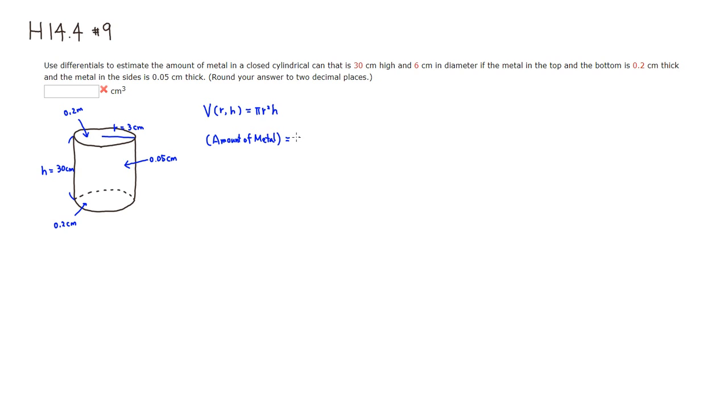So we are looking at the volume of the outside. On the outside, the radius is slightly more, because the sidewall has a thickness of 0.05 centimeters, and the radius is 3 centimeters, assuming the 3 centimeters is the measurement on the inside. So we add the thickness, and the radius is 3.05. The height is 30 centimeters, assuming that's the inside measurement.